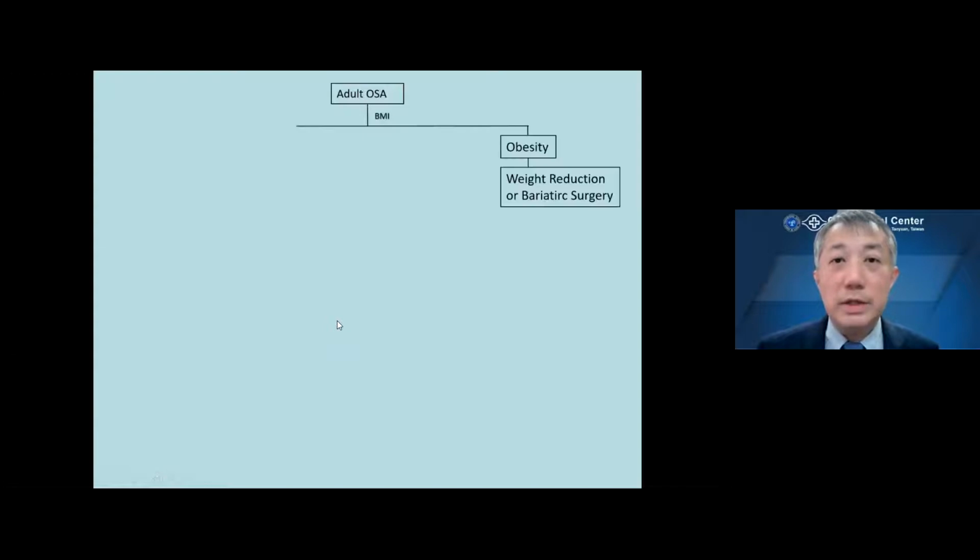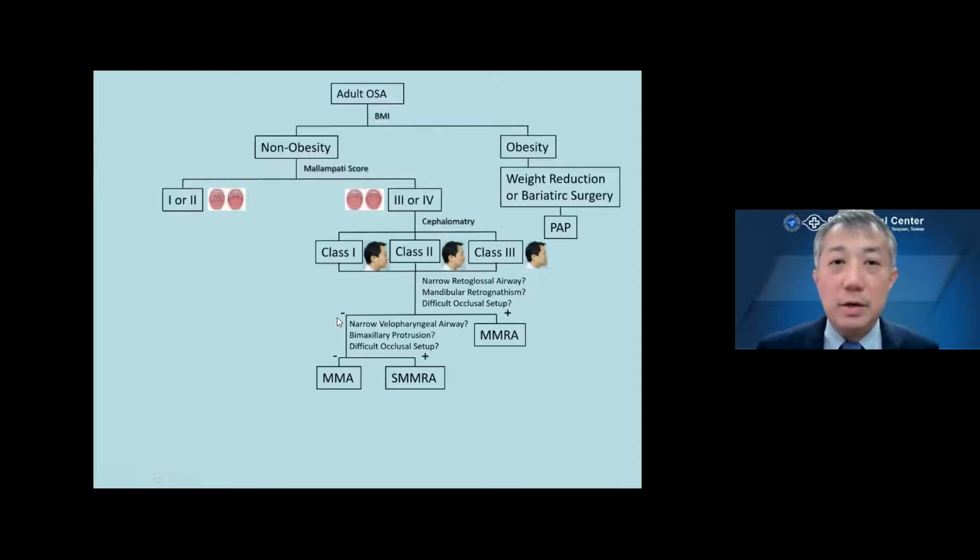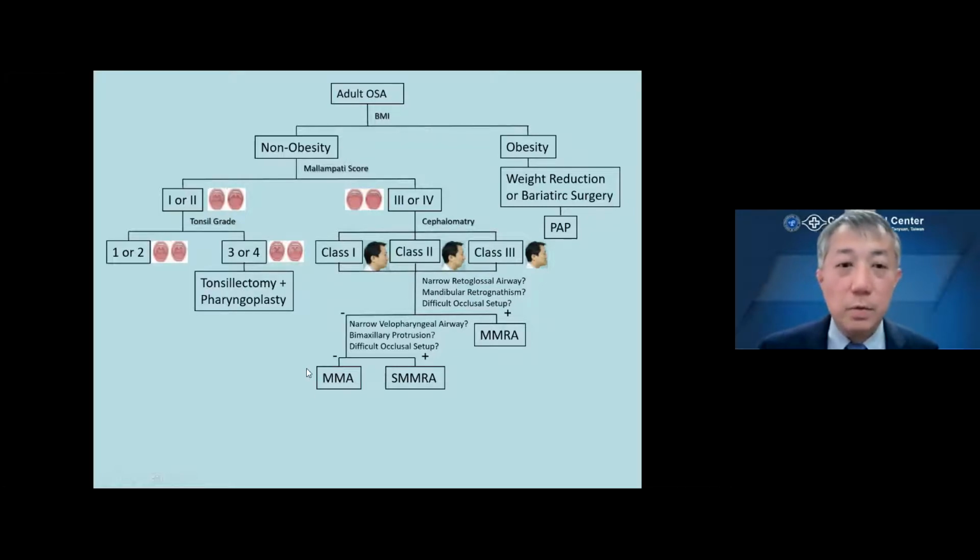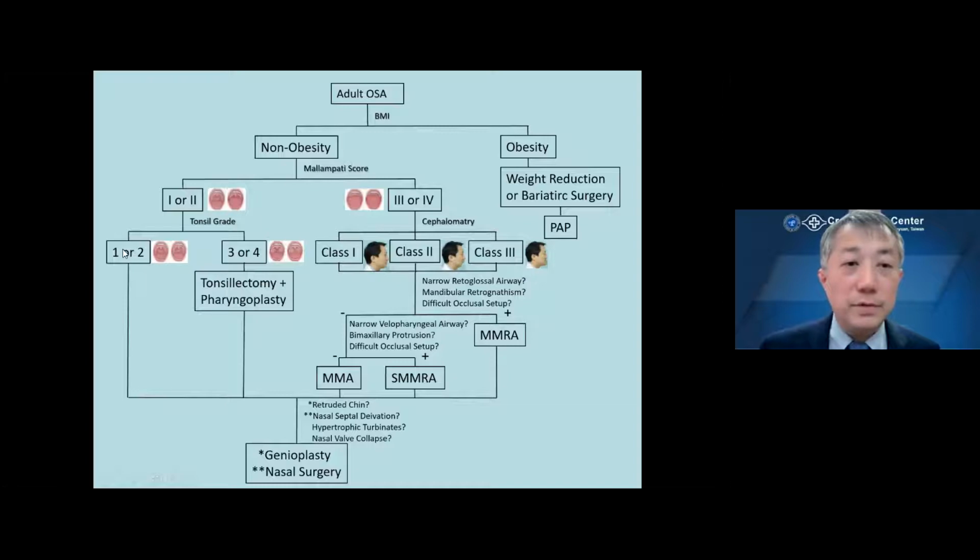So for adult OSA patients, we have to look at the BMI to treat the obesity. And for non-obese patients, we have to look at the skeletal phenotypes, class 1, 2, 3, and look at where the narrowest part is, and then do the corresponding surgical design to manage the skeletal forward. And then the soft tissue, if there are some soft tissue issues, we can also do tonsillectomy or pharyngoplasty to improve their pharyngeal airway.